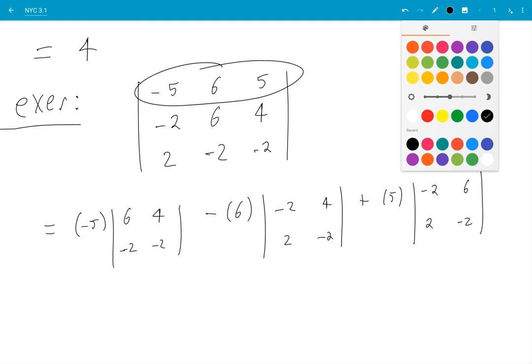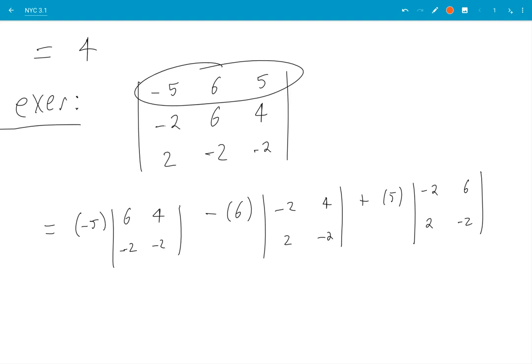Okay, I want to make a definition right here. We give a special name to, let's see, the 1, 3 entry. Let's take this matrix.